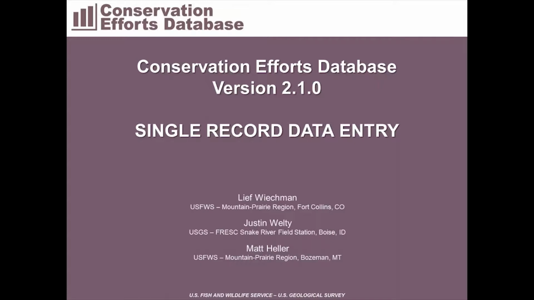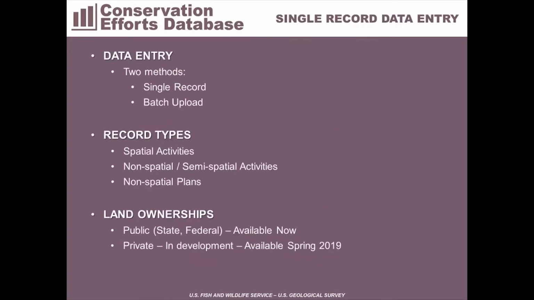Before we walk you through the process, let's take a moment to explain the options for data entry and the types or categories of information you may have to provide. We have two methods for data entry. One is single record. That's using the CED's user interface to enter each record one by one.